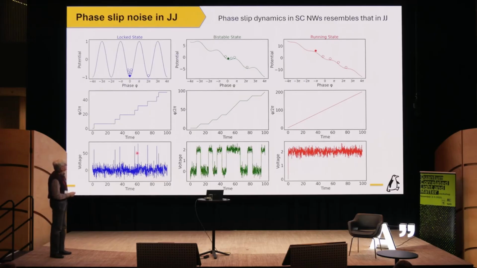If you have a rather big bias current, then you will have bistable behavior. So your system may run for some time and then stop. So you have a phase which is running for some time, stopping, running, stopping, and your voltage is given by this trace here. And if you drive the system even stronger, then you will just continue to run and you are in the normal state in the system.